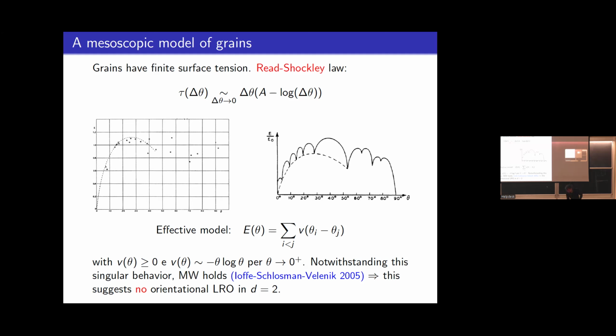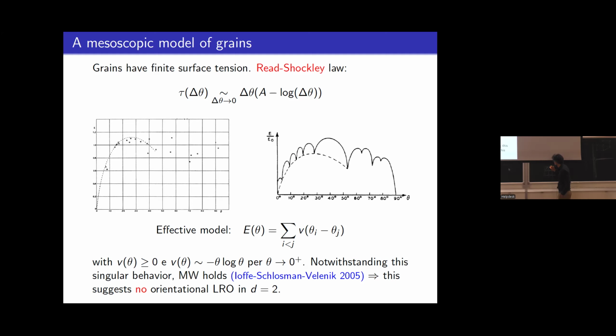Let me imagine that the system is described at the mesoscopic level, in which we have these mesoscopic grains consisting of pieces of crystals with perfect ordering. And now I draw, in the picture, an arrow indicating the direction of the crystal. This effective model of grains now looks a little bit like a rotator model.